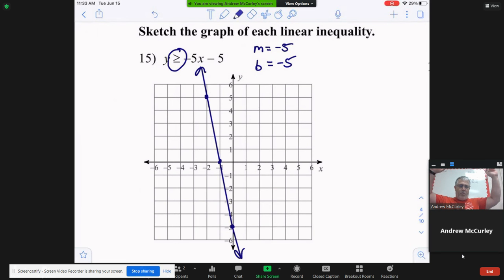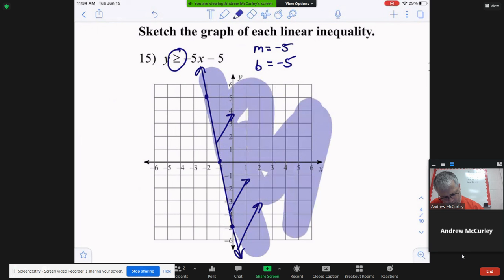Greater means more, higher, up, above, stuff like that. So I want you to put your finger on the line and go up. So if I'm here, here's where I'm shading. Up, above, greater than. So all the shade is all going to go right here. Okay?